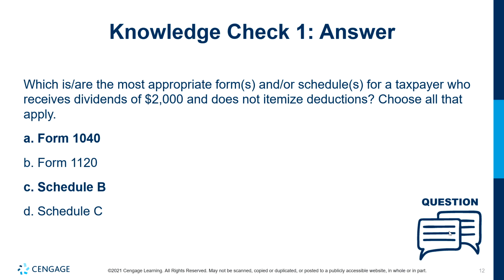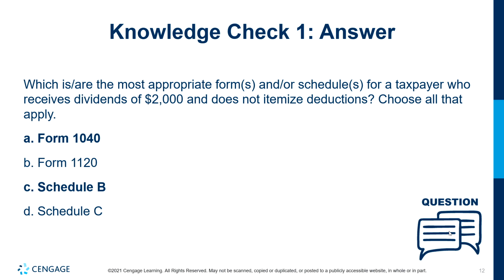We are talking about an individual here. That's a form that they pretty much should file on. And then we would have Schedule B, which is the appropriate form to report dividends and interest over the low threshold of $1,500, which he has, $2,000.